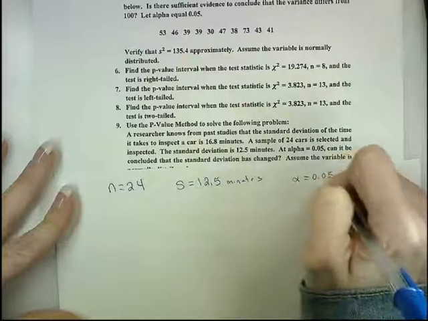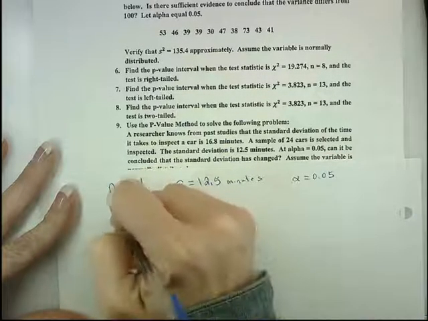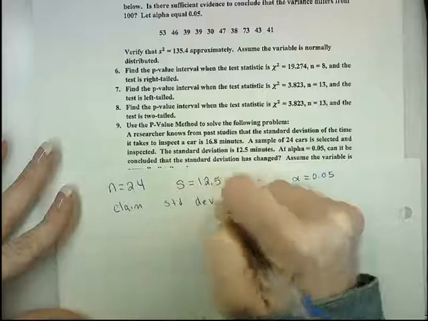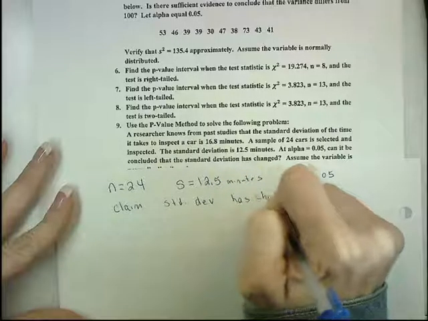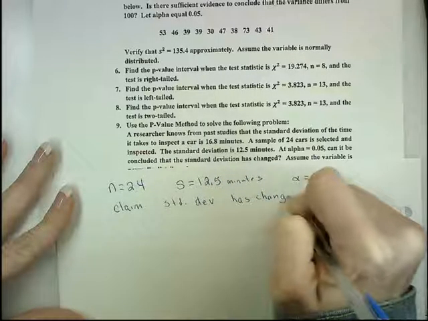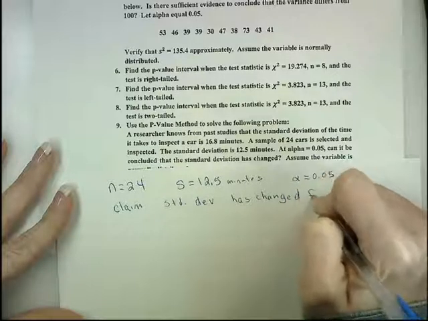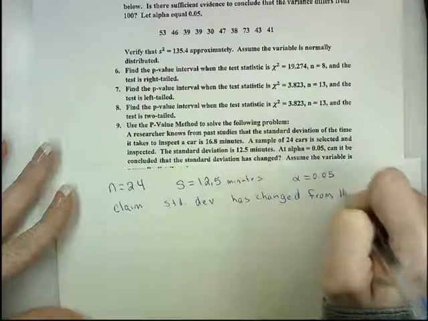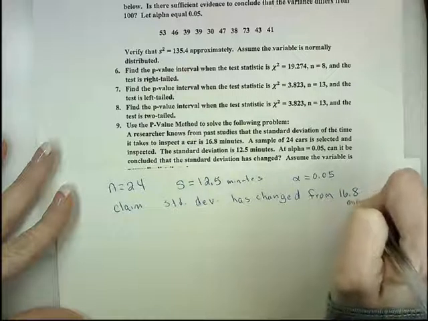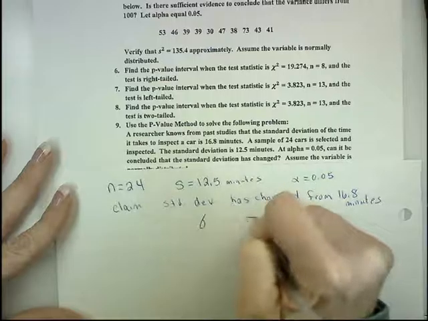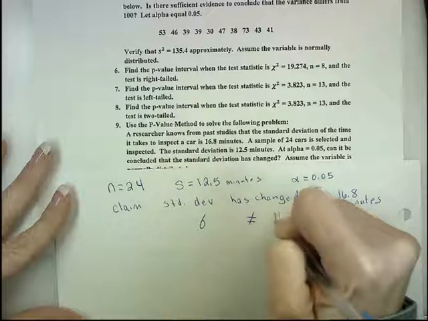At alpha equals 5%, can it be concluded, so here's the claim, what we're testing, that standard deviation has changed, and you have to think about has changed from what? Has changed from the 16.8 minutes. Standard deviation of sigma has changed means not equal to.